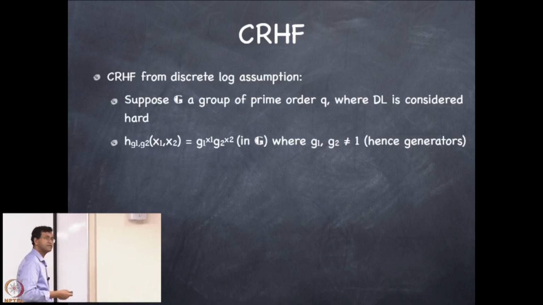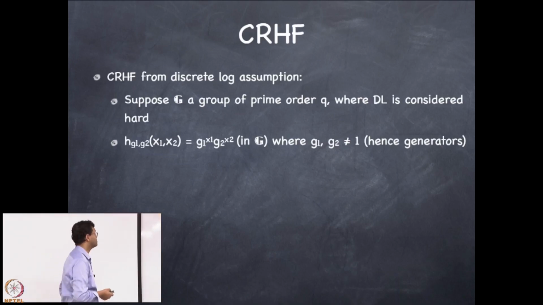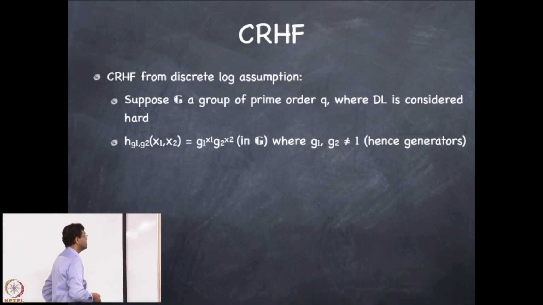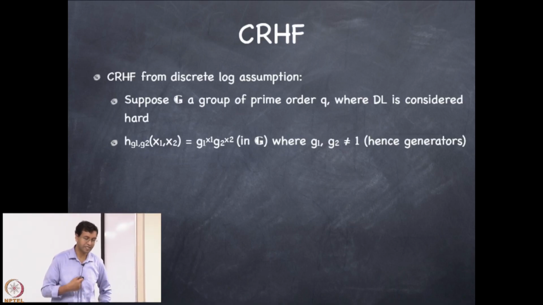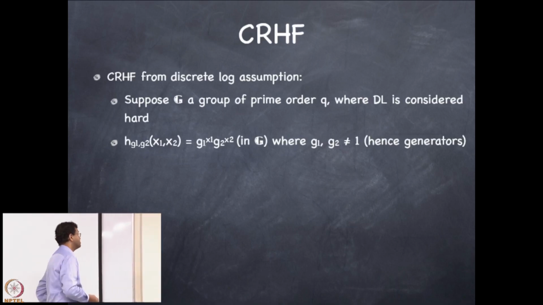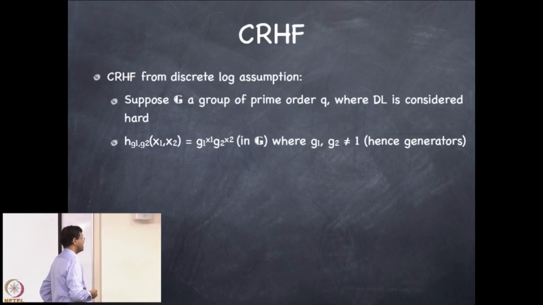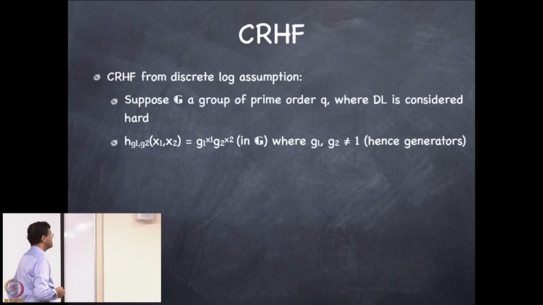So the family contains all such functions, for all possible pairs g1, g2 not equal to 1. In a prime order group, any element other than the identity is actually a generator. Prime order groups are cyclic, and every element other than the identity element is a generator. Okay, it doesn't matter, that's how it is.